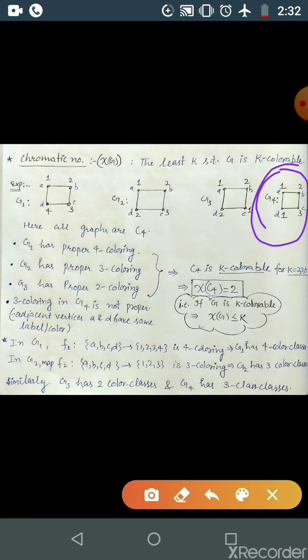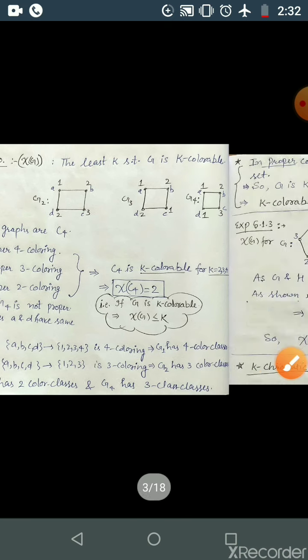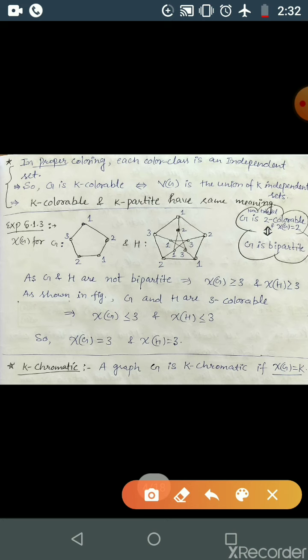One color class contains A and D, another contains B, and another contains C. If we consider proper coloring, obviously each color class will be an independent set, because every two adjacent vertices get different colors. Whenever any two vertices are adjacent, they will be present in different sets, correct? So in one color class there will be non-adjacent vertices. That's why this is an independent set.